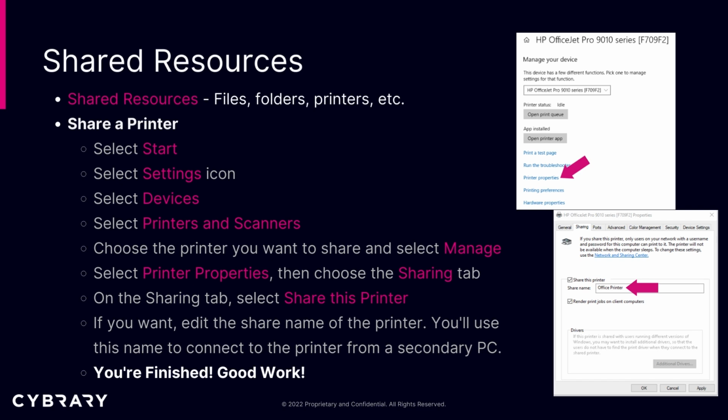Say, for instance, you wanted to call it Bob's printer or office printer, or whatever name you want to give it. Other computers in the network will see that shared name. You would click Apply, and you're done. You've actually shared a resource on that work group.